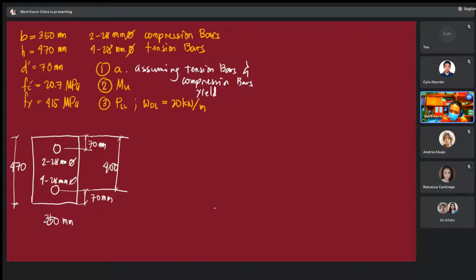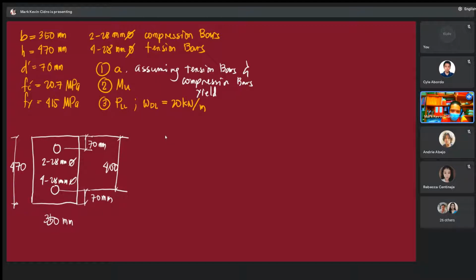But I will also explain what if the assumption does not hold. The approach is in NSCP 2015. Of course, we can solve immediately for the value of a, as in step number 1 of our solution. But take note, we do not yet know if the beam is doubly or singly reinforced.